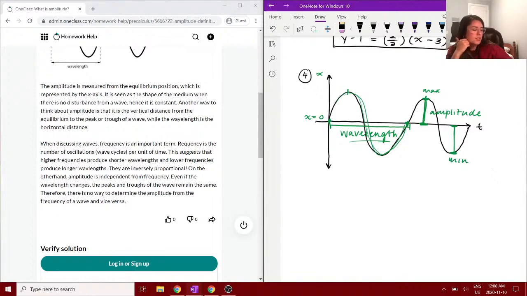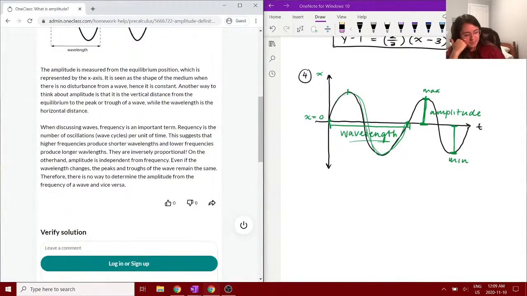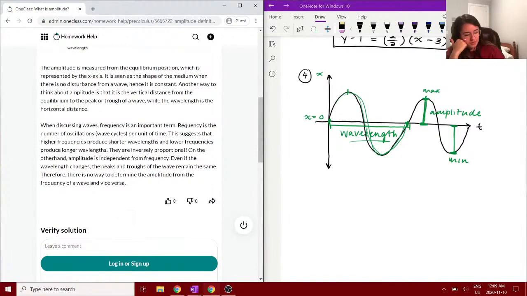So both of these things that I've drawn here should be the same value. I just obviously don't have a perfect drawing, but yep. So the amplitude is the vertical distance, and the wavelength is the horizontal distance.